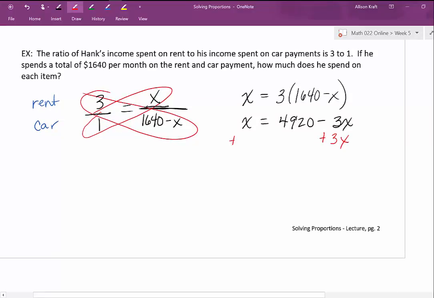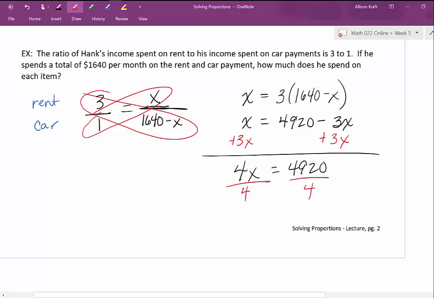We'll add 3x. 4x equals $4,920. To solve for x, we're dividing by the coefficient. We get x to be equal to 1,230.